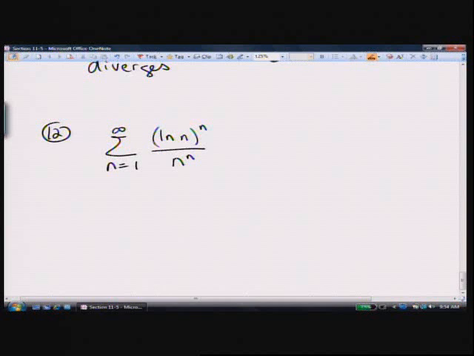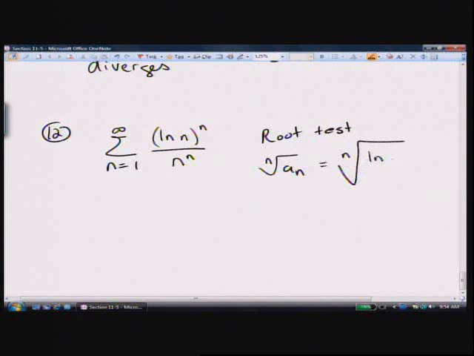It kind of begs you to use which test? What am I begging for? The root test. Does it feel like the root test? Because we get to look at the nth root, and right. Okay, so we do the nth root of a sub n. It's going to be the nth root of ln n to the n over n to the n.